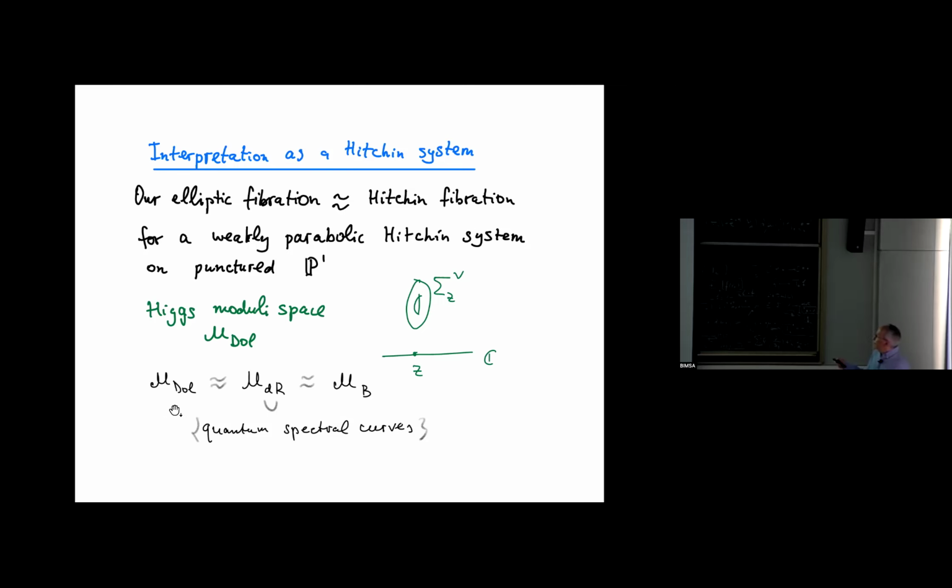And I started with the fibration here, which was an elliptic fibration. This corresponds to just the Higgs moduli space, or the Dolbeault picture. But on the de Rham side, what I obtained as quantization, you can see that these quantum spectral curves naturally live inside this de Rham phase space.